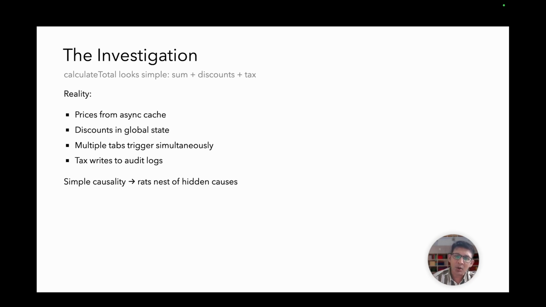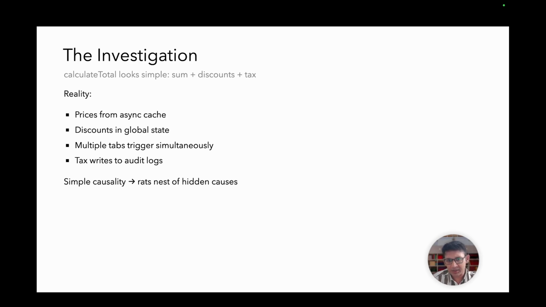Tax calculation writes to audit logs and updates analytics. And multiple browser tabs trigger calculations simultaneously. These are all the four reasons why causality breaks down that we talked about. What looked like simple causality is a rat's nest of hidden causes. To understand why the total is wrong, you need to understand the state of a dozen systems at one precise moment.